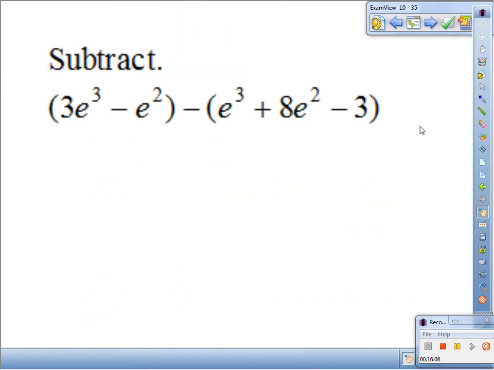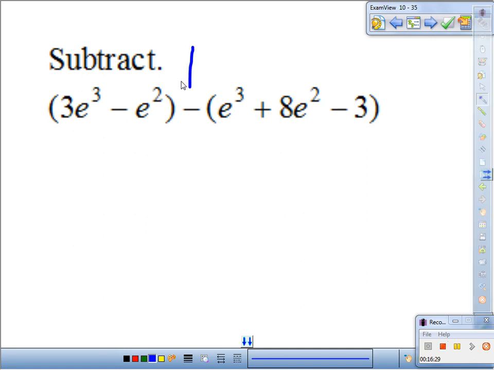All right, copy this one. It says subtract, parentheses, 3e to the third minus e to the second, close parentheses, minus, parentheses, e to the third plus 8e to the second minus 3. Now for this one, let's rewrite the whole expression, but we're going to start by distributing this negative inside the parentheses to the right.